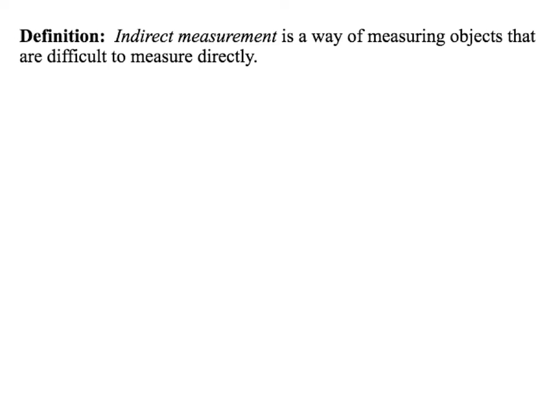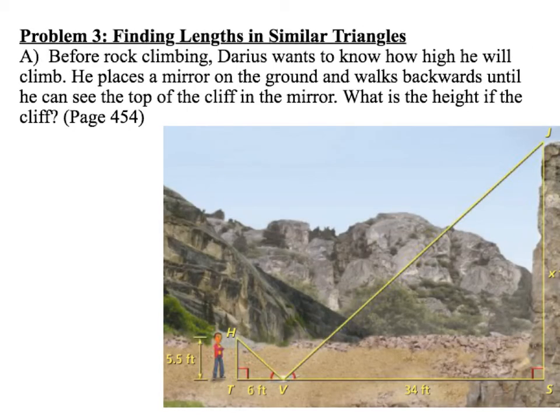Last, we need to talk about indirect measurement. Indirect measurement is a way of measuring objects that are difficult to measure directly, like the height of a building, or the height of a tree, or the height of a statue. So here's our next problem. Before rock climbing, Darius wants to know how high he will climb.